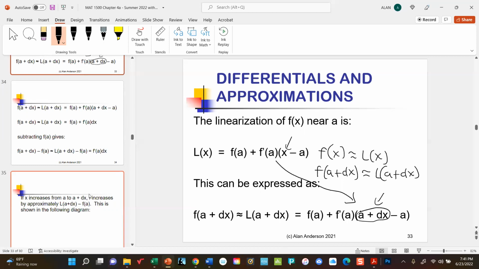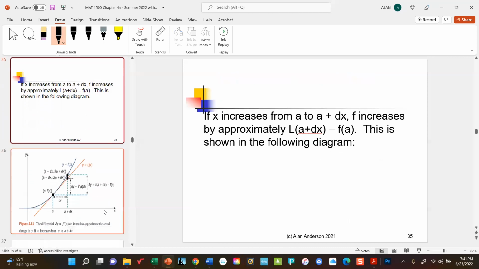And so what that leads to is this. And again, it should make more sense when you see the diagram. Assume that x increases from a to a plus dx, a tiny, tiny change. The increase in f can be approximated by L, which is the point on the tangent line, minus f of a, which is the original starting value.